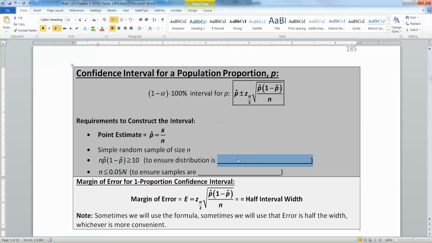It's to ensure that the distribution is normally distributed. We learned that in section 8.2. Then we also learned in 8.2 that we need the sample size to be less than 5% of the population size. And that's to ensure that the samples are independent.